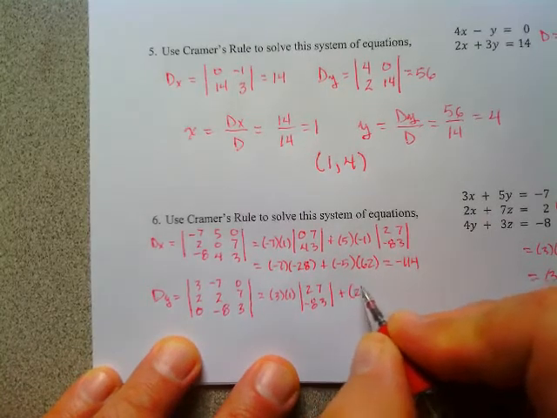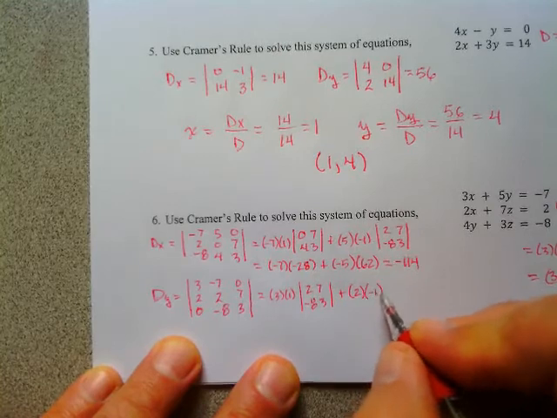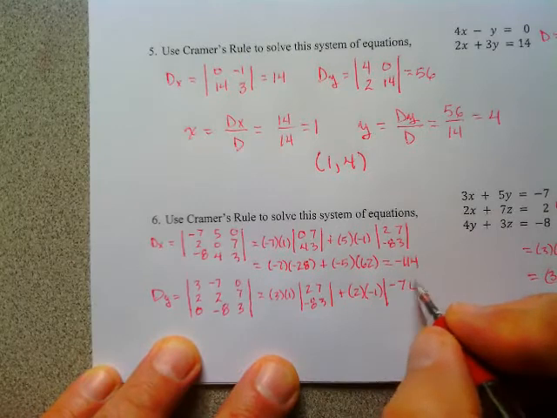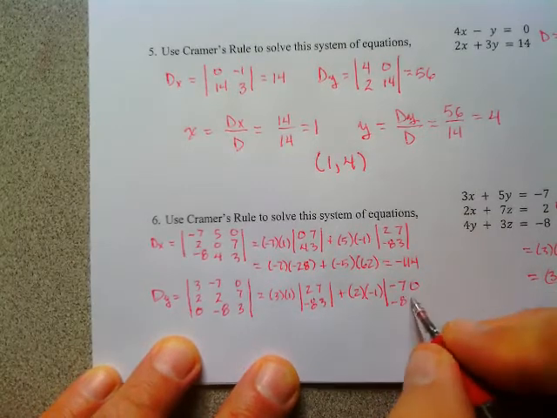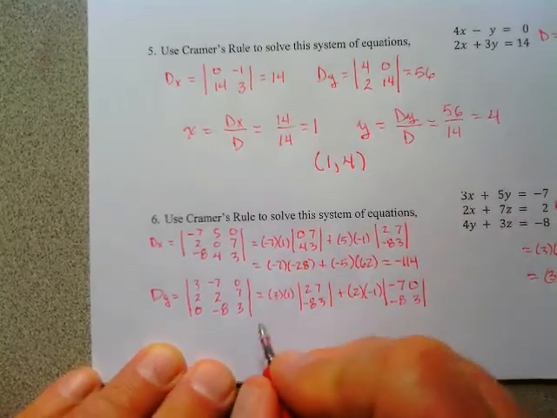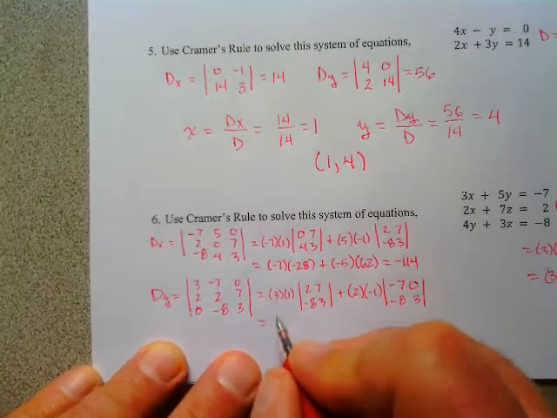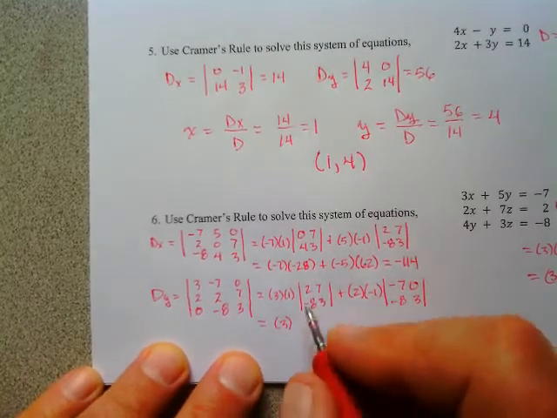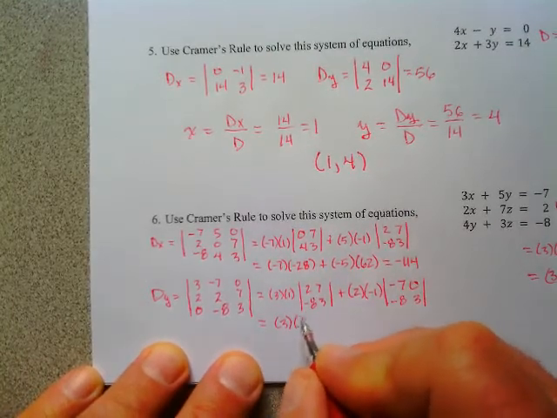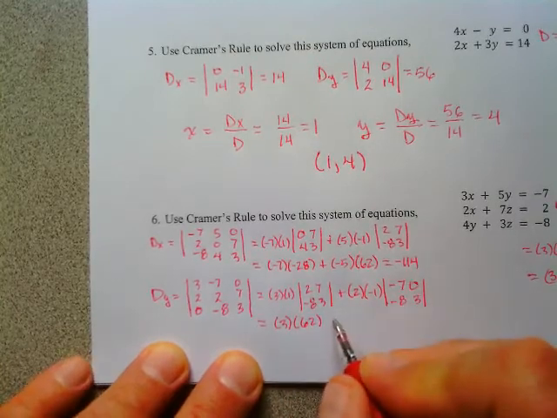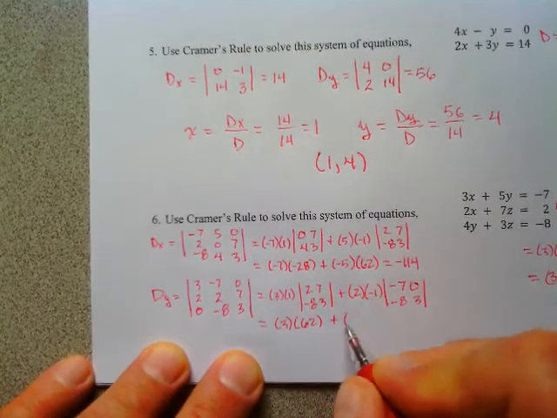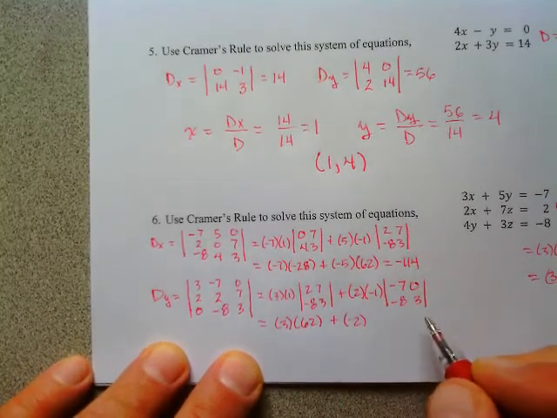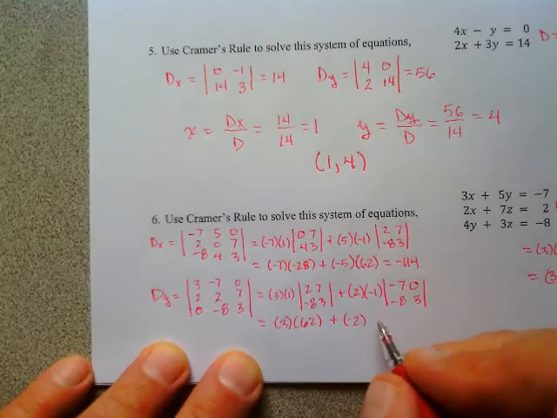Plus 2 times negative 1, and this is going to be negative 7, 0, negative 8, and 3. And so this one, that'll give me a 3. This part will give me a 6 minus the 56, so that's back to my 62. And then I'll have a negative 2 between those two things. And here I have negative 21 minus 0, so that's negative 21.